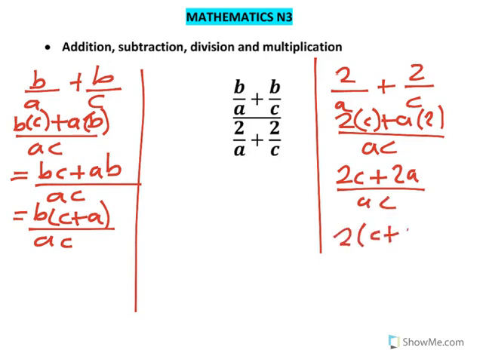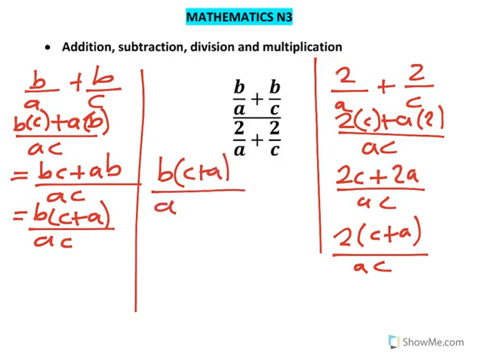You're going to have 2(c plus a) over ac. When you combine this together, you are going to have b(c plus a) over ac, like I did previously, divided by 2(c plus a) over ac.